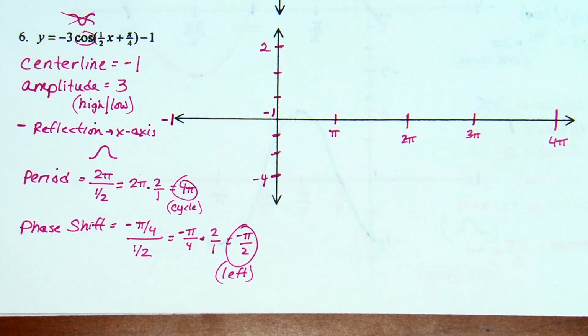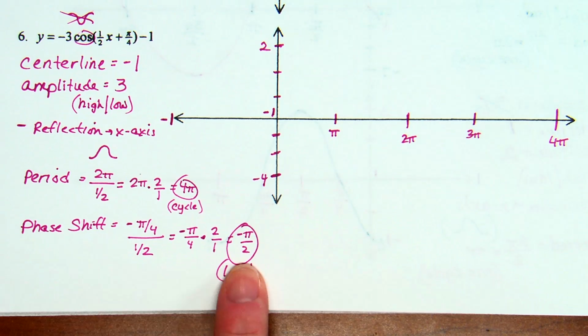Okay, now, we could think about this a couple of different ways. We can go ahead and draw what our cosine curve looks like, but then we're still going to have to shift it over, right? So, when we shift it, we're going to shift it pi over 2. The only problem with my beautiful labeling is I don't have any pi over 2's here.